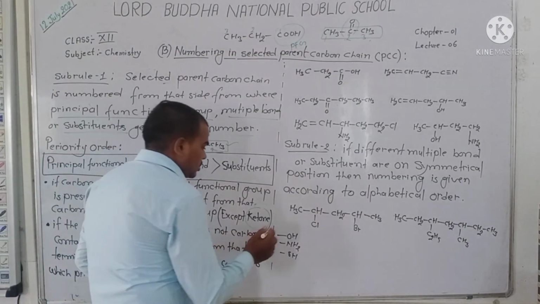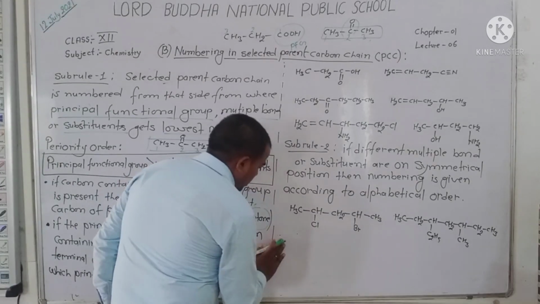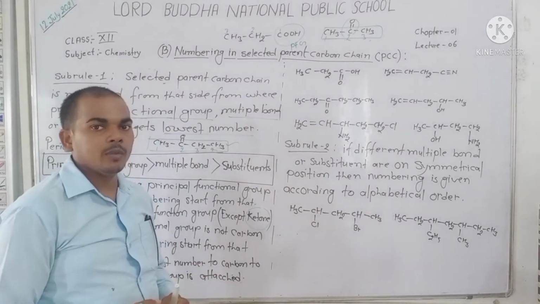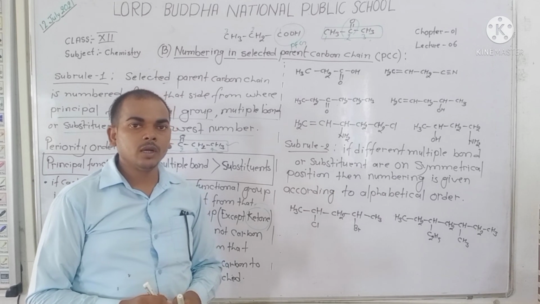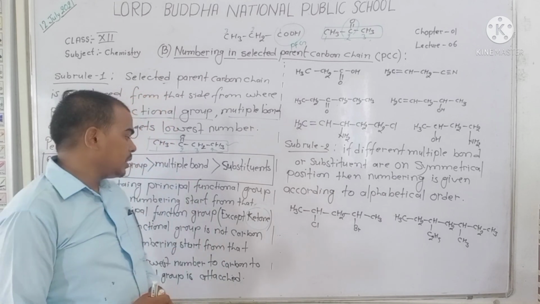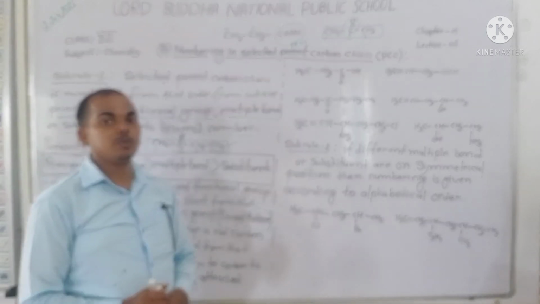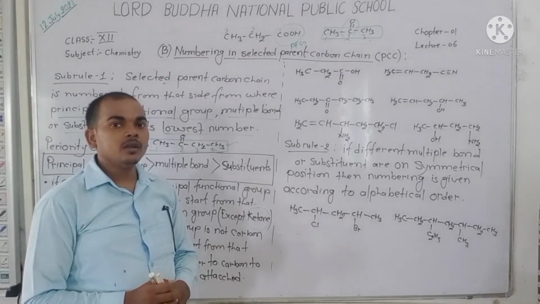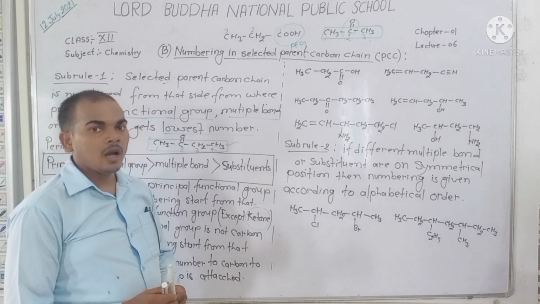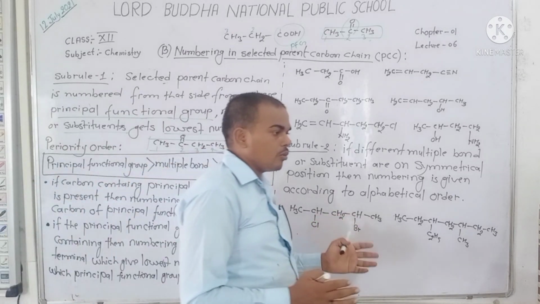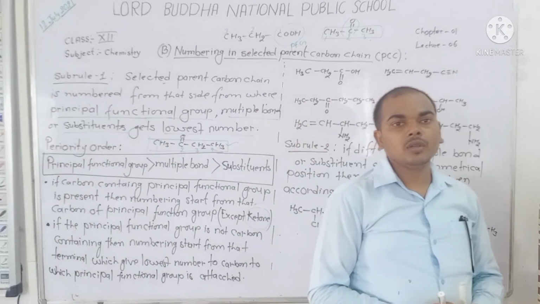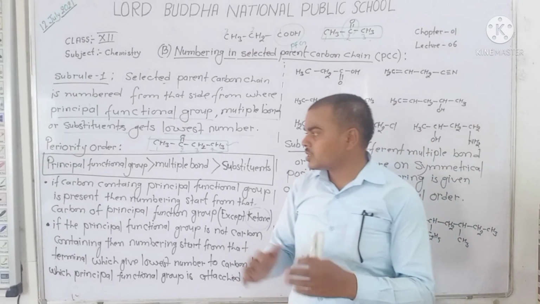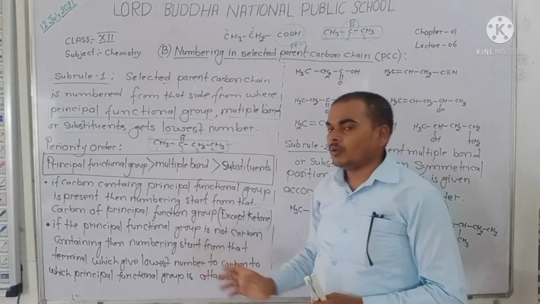For this, you count the PCC from where these groups get the lowest position. Here some examples are given, and I think after you solve these questions you will understand all about rule first.